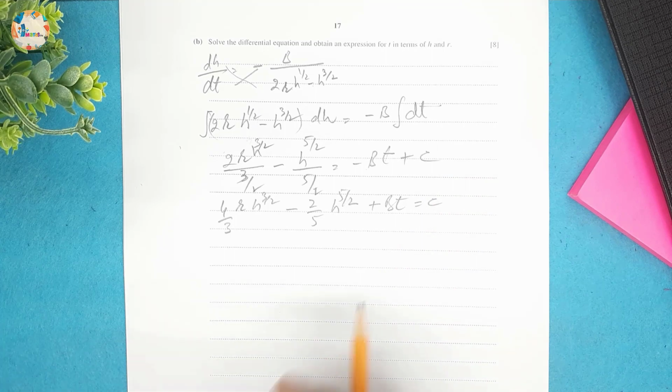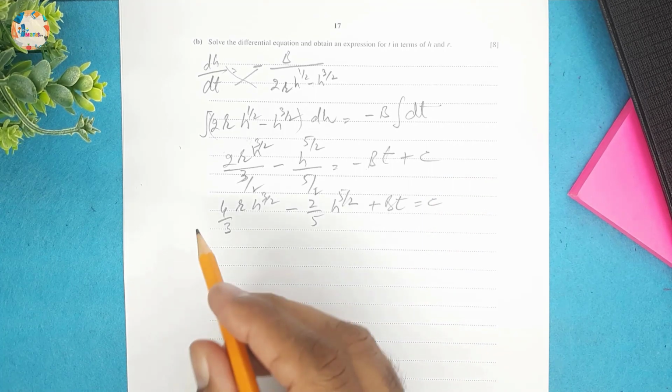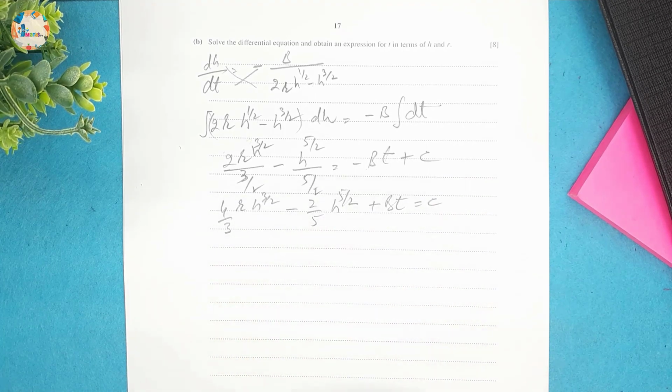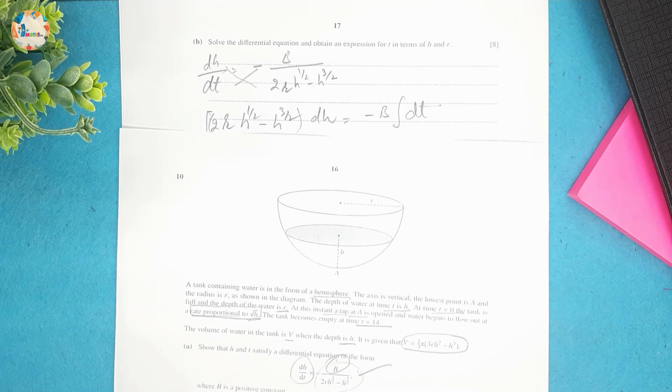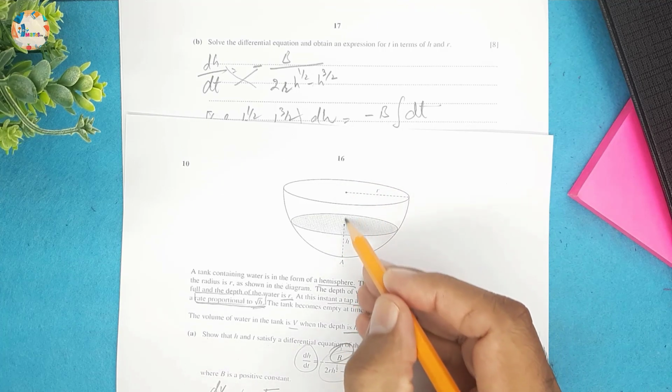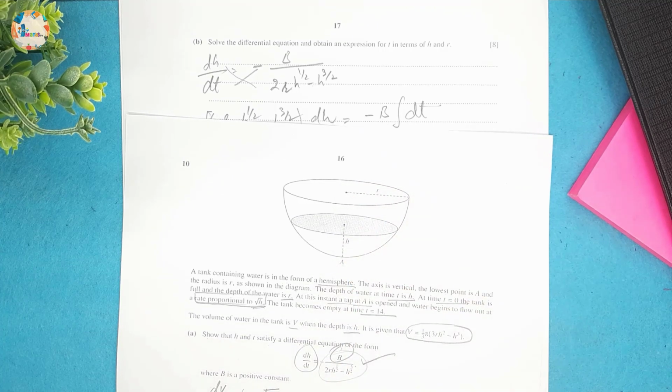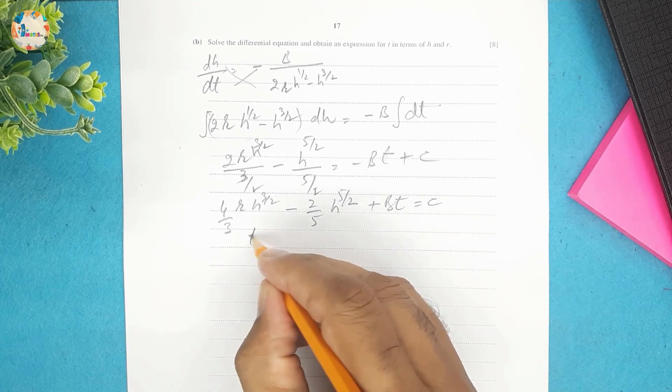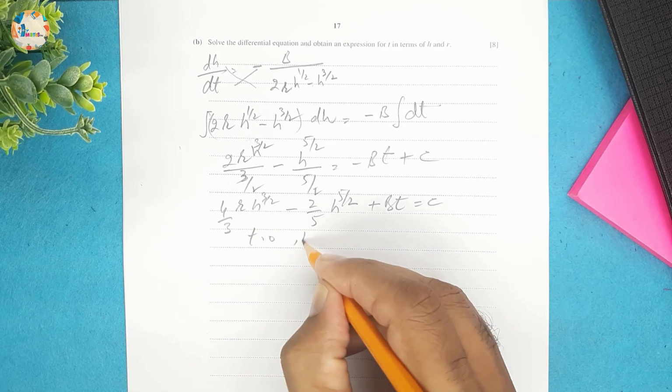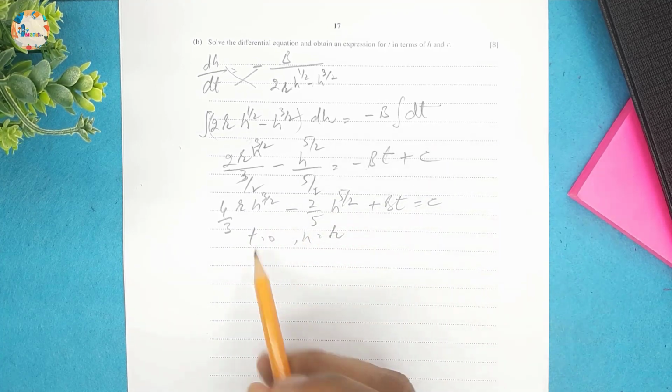And now we can replace this at t is equal to 0. They are telling us that at t is equal to 0, the h value is equal to r. So we will write here at t is equal to 0, h is equal to r, and we will replace here.